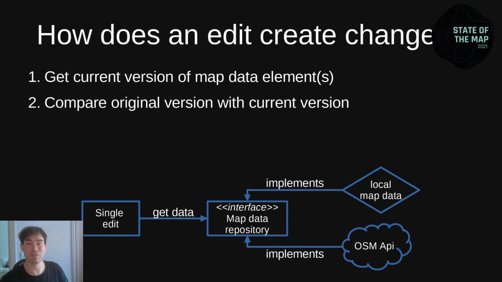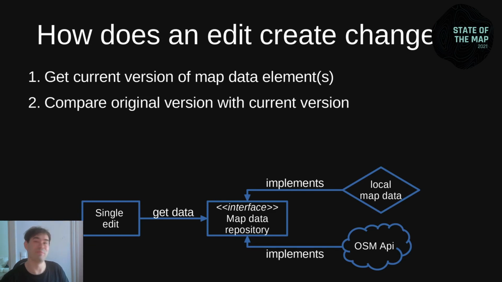Then it's a clear conflict and it cannot be solved automatically. And it should not be applied if, for example, the geometry of the node changed, or the way changed significantly. For example, if the node was moved more than 20 meters or something, maybe it's now a completely different thing.